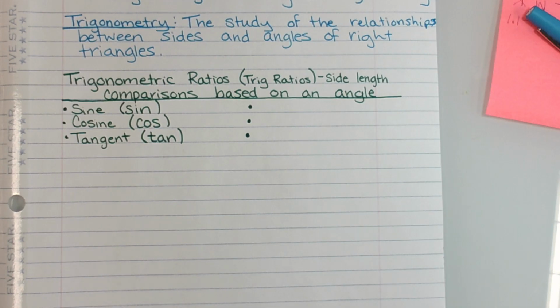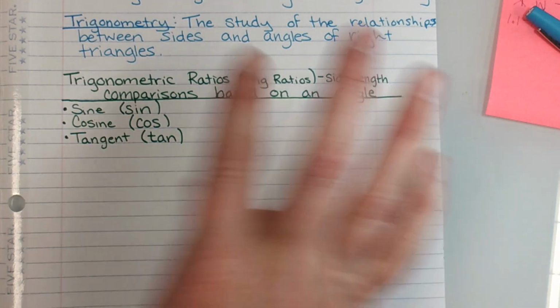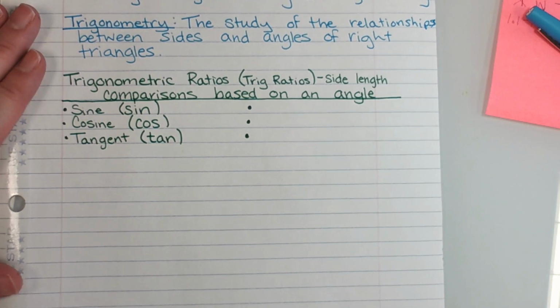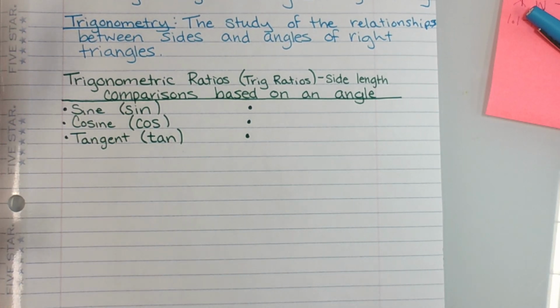Now, these ratios are based on an angle. And before I get to the other 3 ratios, we got to focus in on that angle, and we have to focus in a little bit on how sine, cosine, and tangent work.